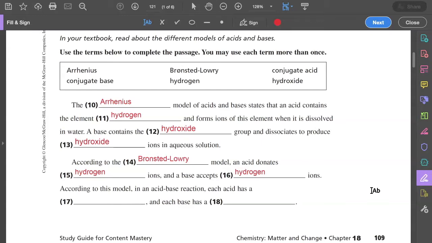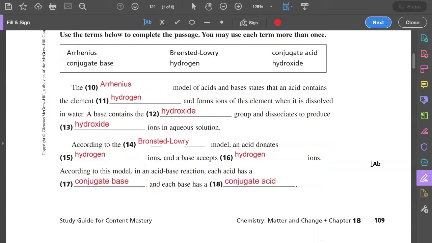An acid donates hydrogen ions and a base accepts hydrogen ions in the Bronsted-Lowry model. According to this model, in an acid-base reaction, each acid has a blank and each base has a blank. That's right, each acid has a conjugate base and each base has a conjugate acid.